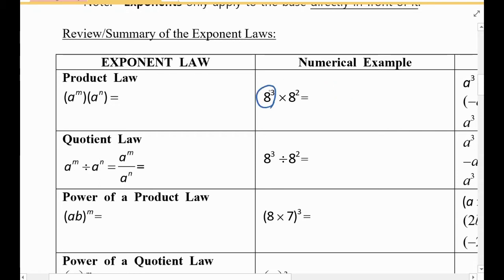Because 8 to the power of 3 is repeat multiplying 8 3 times, and 8 to the power of 2, 8 squared, is repeat multiplying 8 twice. Total, that is 8 to the power of 5. So you simply add those two exponents. So the formula will be a to the power of m plus n.